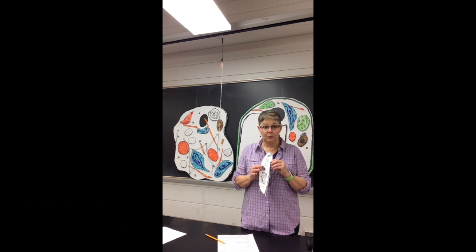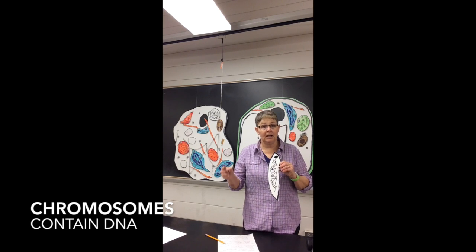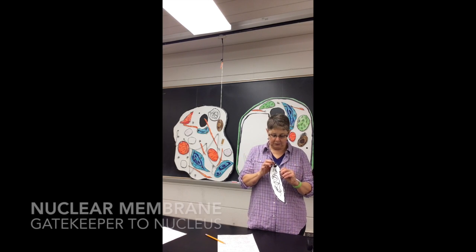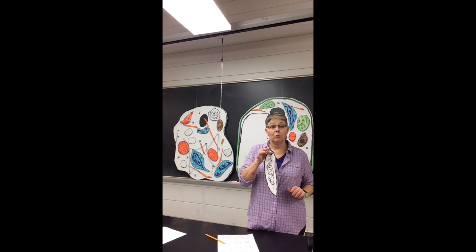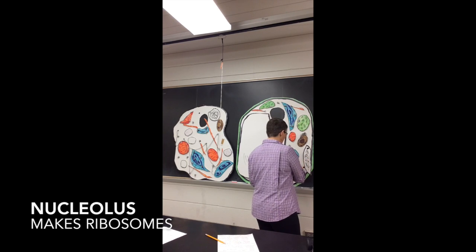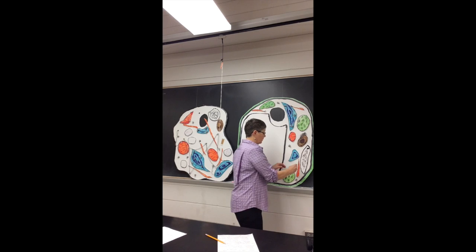The chromosomes contain DNA. The nuclear membrane is the gatekeeper to the nucleus. And the nucleolus makes ribosomes. So what are ribosomes? The ribosomes on these cells are these little square things.